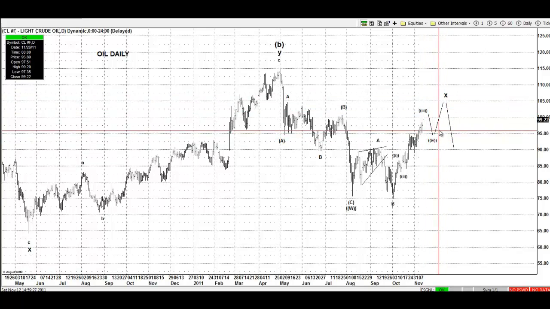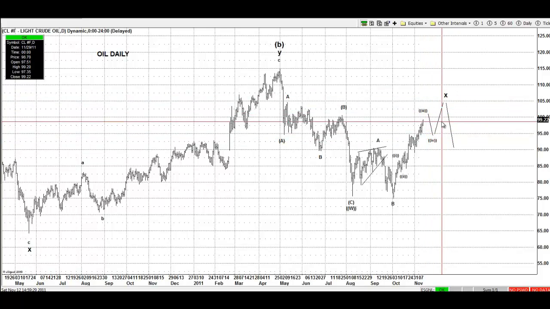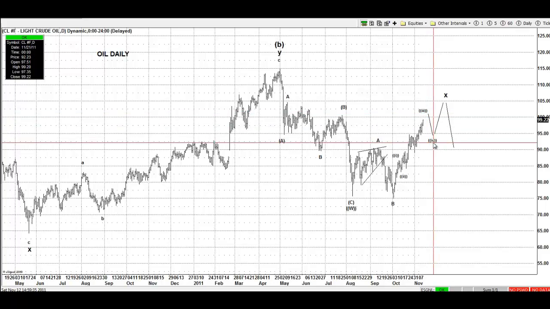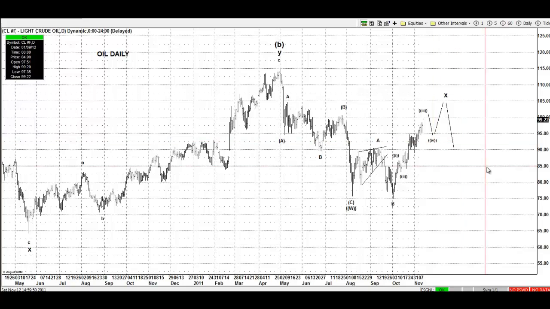This 5 in oil is going to be the C wave on all the dollar pairs, and then this 4 in oil is going to be the C wave of B in all the pairs. That's how we're looking at it. It's amazing, but that's how we're looking at it. Now, that's oil.